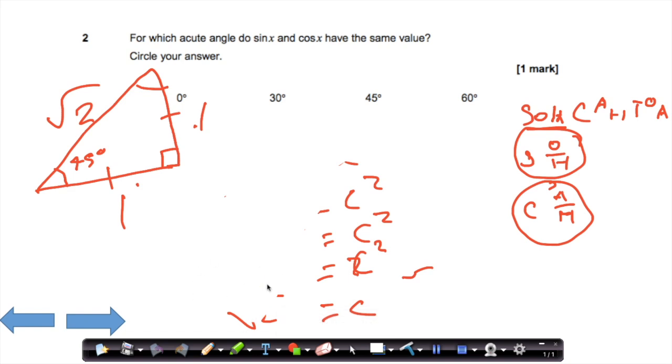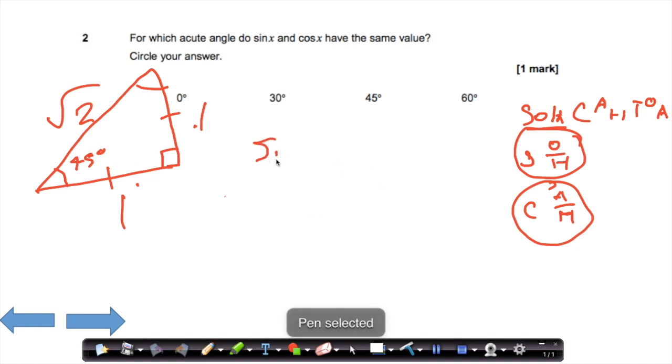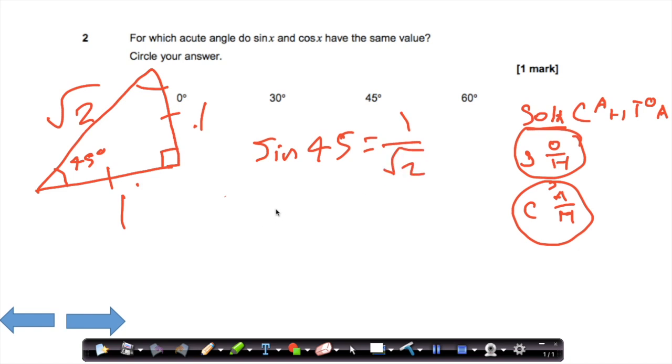SOHCAHTOA, so dealing with our SOH first, sin of our angle, our angle is 45. So sin 45 is opposite over hypotenuse. Well, opposite this angle here, 45, is 1. And the hypotenuse is root 2. Cos 45 for our second one, adjacent.